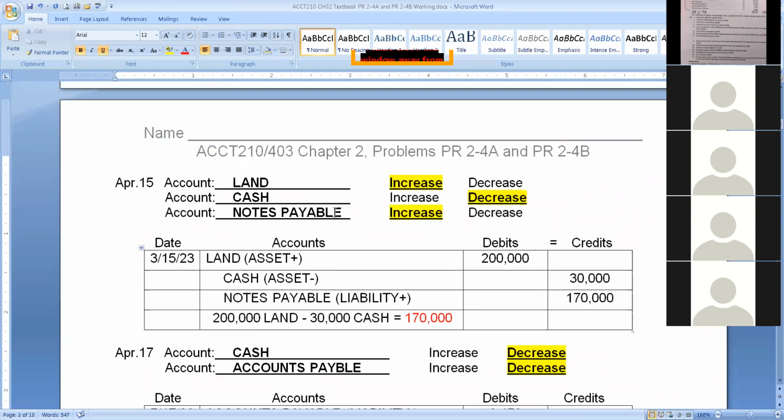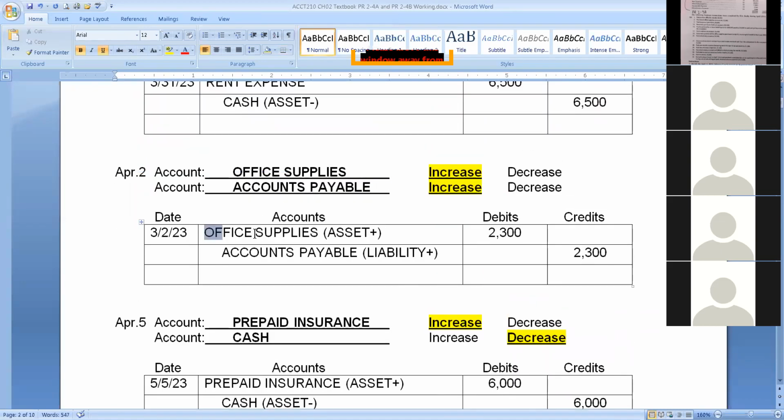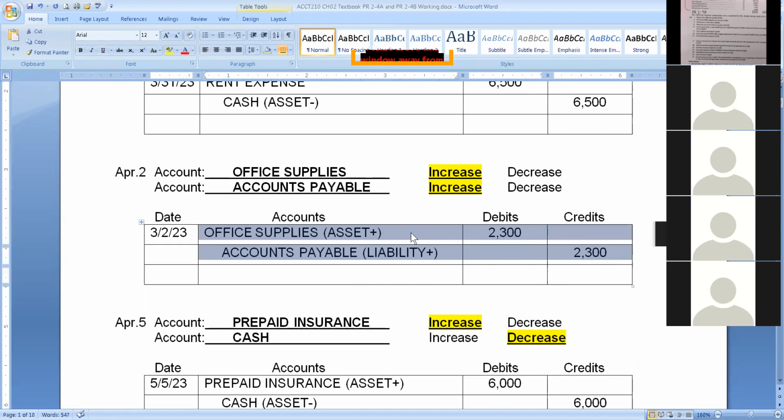All right, let's go up here and see what we did on April 2nd. Okay, so this is what we purchased on April 2nd. Now we sent $325 worth of this back. So what's going to happen to our office supplies? Is it going to go up or down?